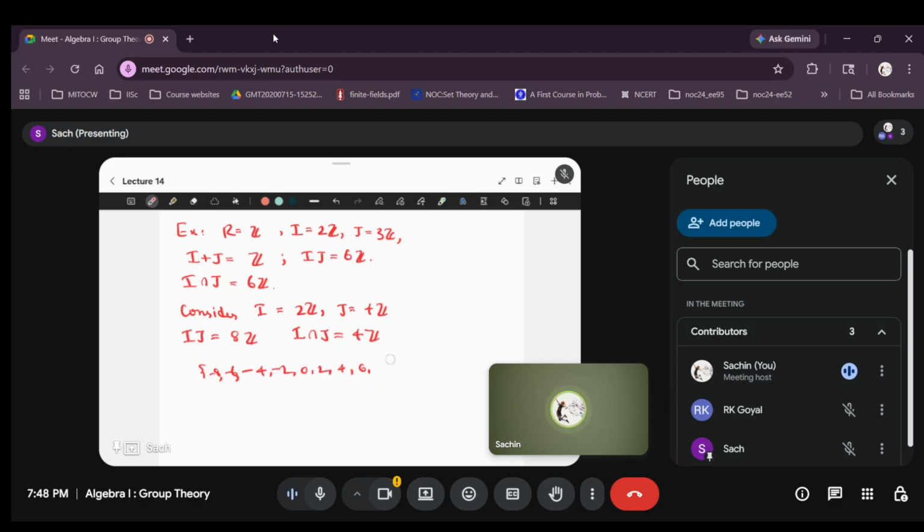The first element is a multiple of 2, the second element is a multiple of 4, so their product will be a multiple of 8. 2a times 4b is 8ab, which is a multiple of 8.